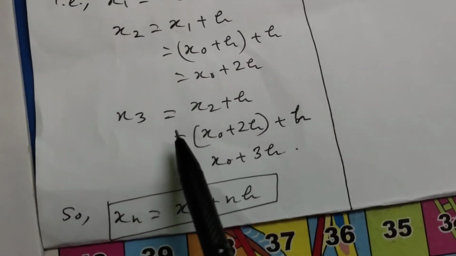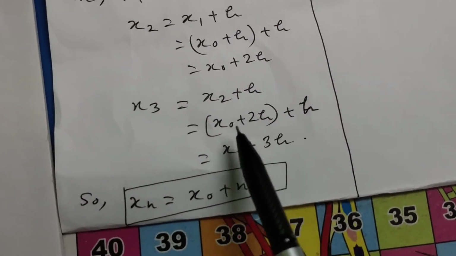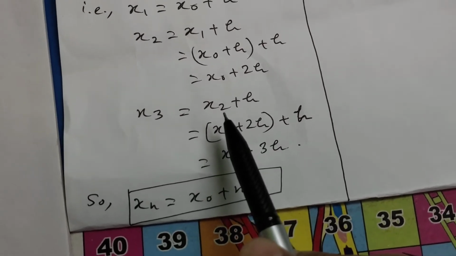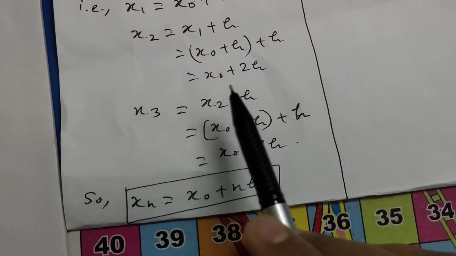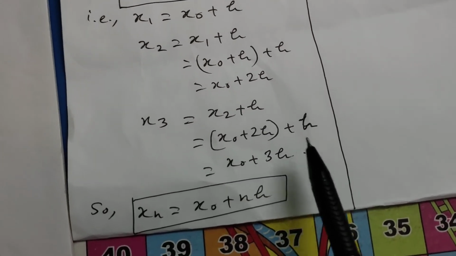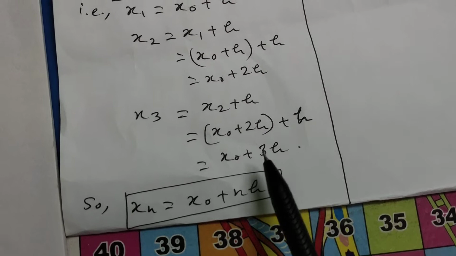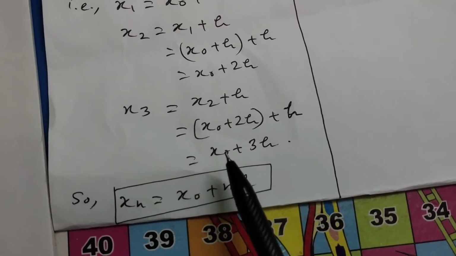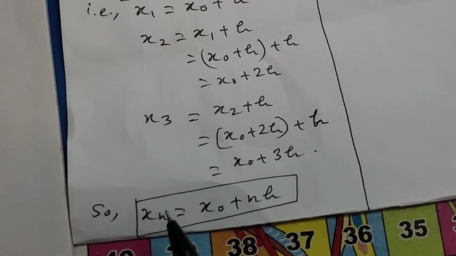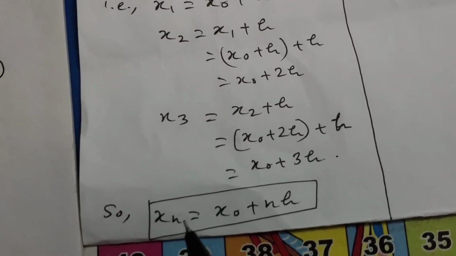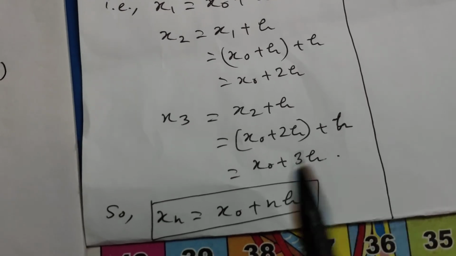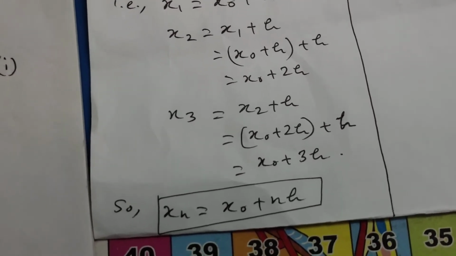Similarly, x3 equals x2 plus h, and since we have already got x2 equals x0 plus 2h, x3 equals x0 plus 2h plus h, so x3 equals x0 plus 3h, correct? In this way we get xn equals x0 plus nh, or n times h, right?